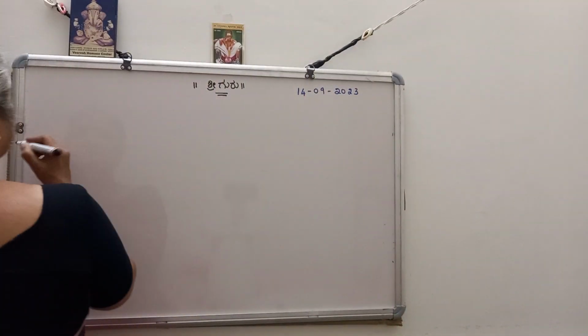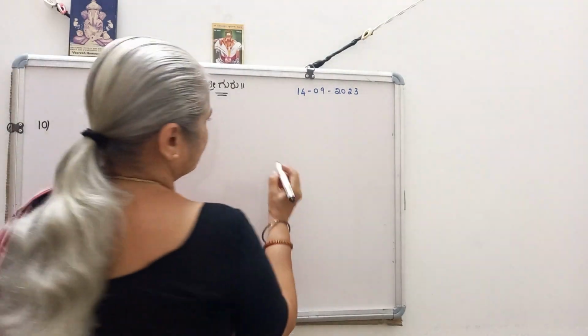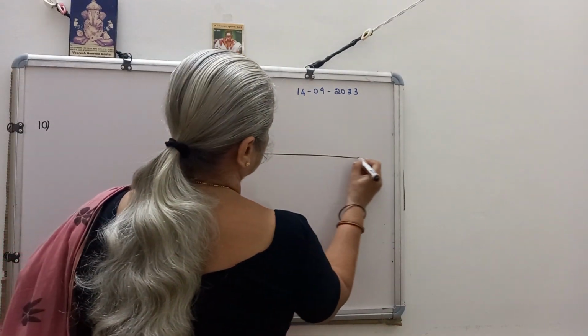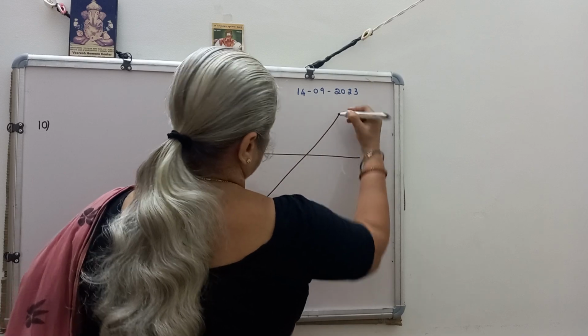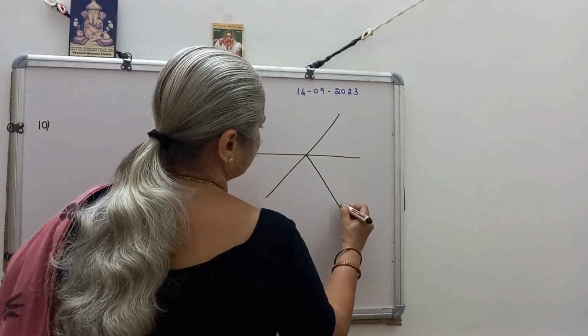Now the 10th example. Indicate which pairs of angles are vertically opposite angles and linear pairs. There are two intersecting lines, and one ray is emerging from the point of intersection.